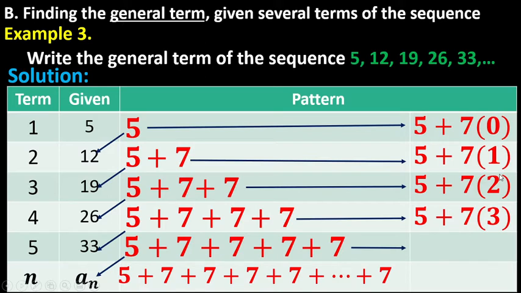Yung 33, ilang 7 yon? 4. So, paano mo i-represent ang n? Ang a sub n mo? Paano mo siya i-represent? Kung papansinin mo ito, 0, 1, 2, 3, 4, pataas, tama. So, kung pagbabasehan mo yung n mo, kung 5 ito, anong ginawa para maging 4 yun?